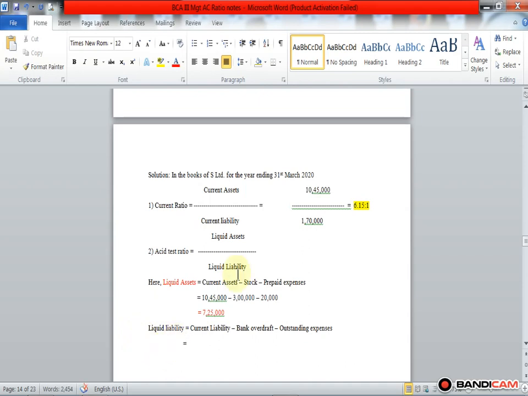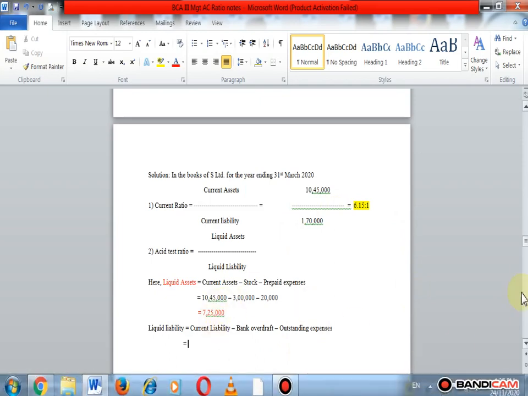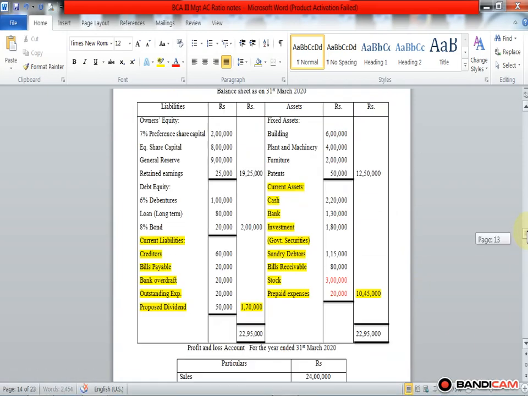Everything is given in the problem. So we know the total of current liability: current liability is 1,70,000 here.